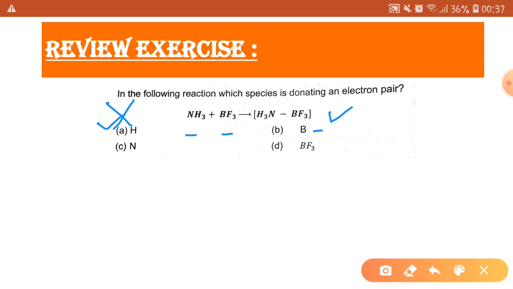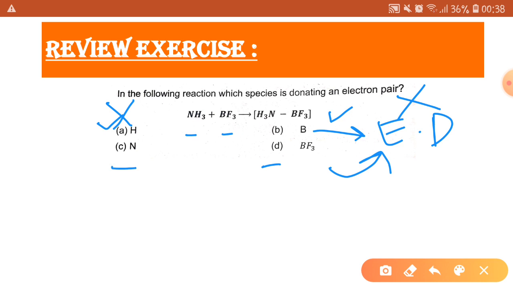If we talk about option B, that is boron, this is also not correct, because we know that boron compounds are electron deficient. Now BF3 is also an electron deficient molecule, so it cannot donate an electron pair.